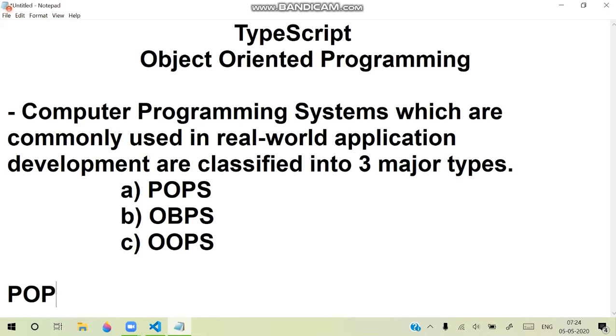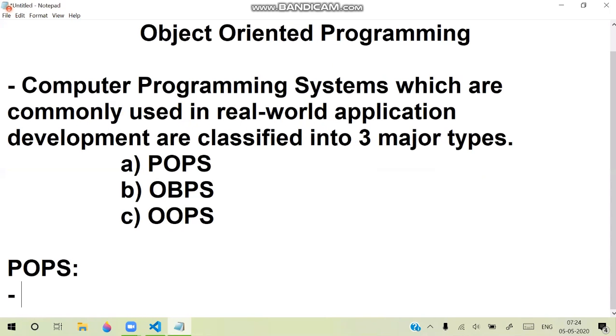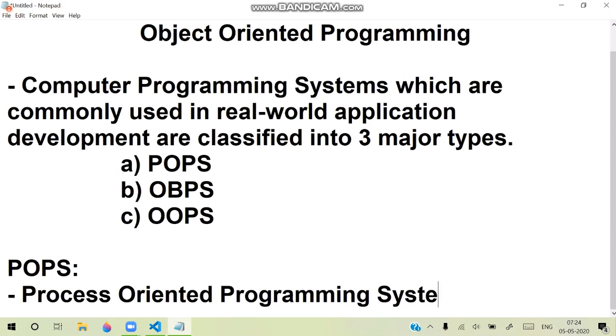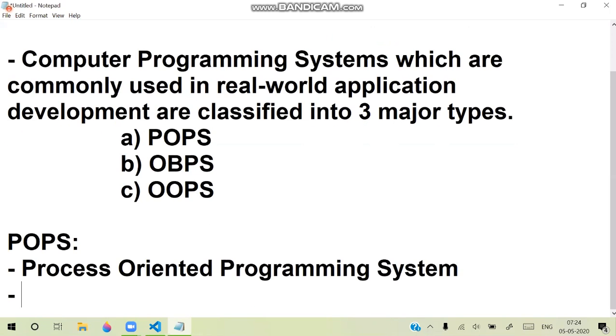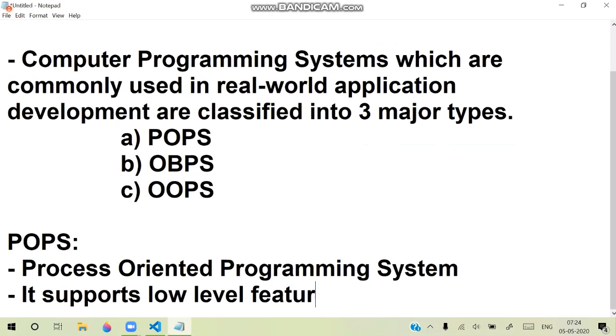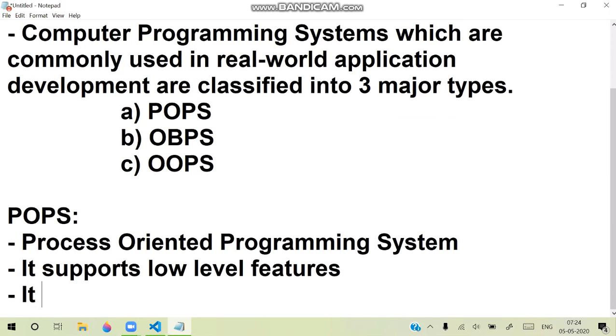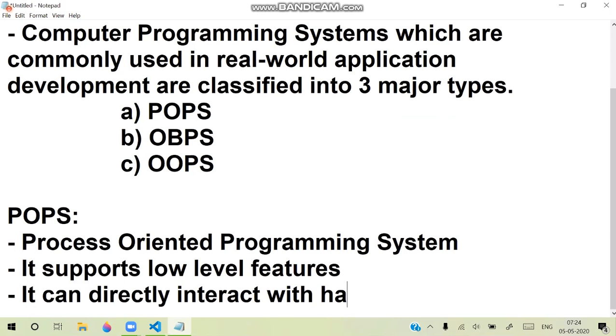Actually, POPS, that is process-oriented programming system. One of the specialties of POPS, process-oriented programming system, is it supports low-level features. It can directly interact with hardware services.